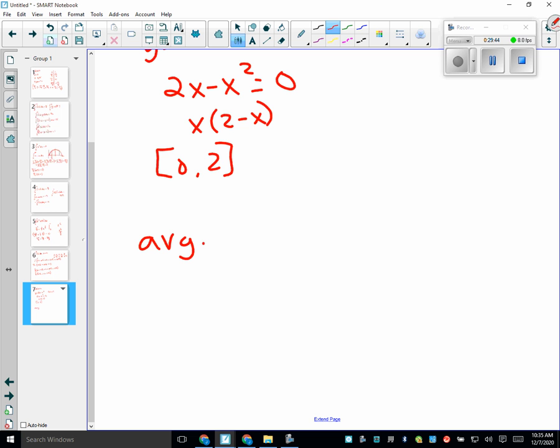I hope you can fix it. Average value of the cosine function on the interval 2 to 7. You didn't fix it? So it looks like we'll just keep this wrong with your test.